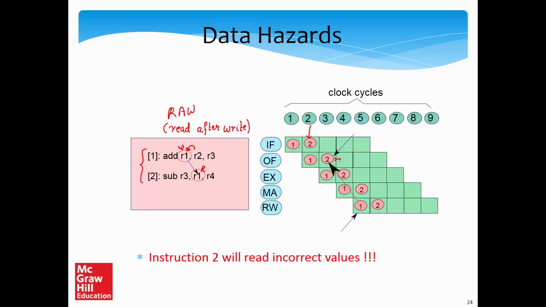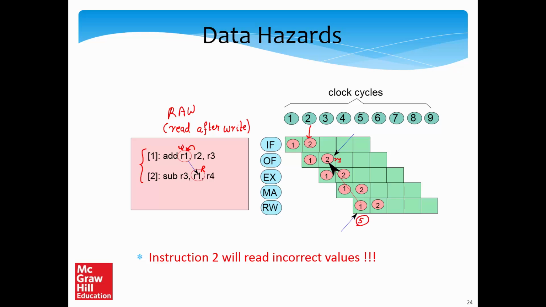But the problem is, when will instruction 1 produce the value of R1? It will write R1 to the register file in cycle number 5. So we need the value of R1 in cycle 3, but it will be written to the register file in cycle 5.